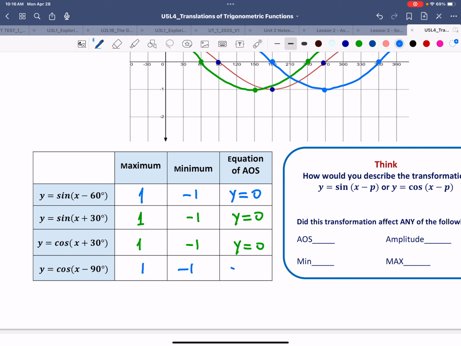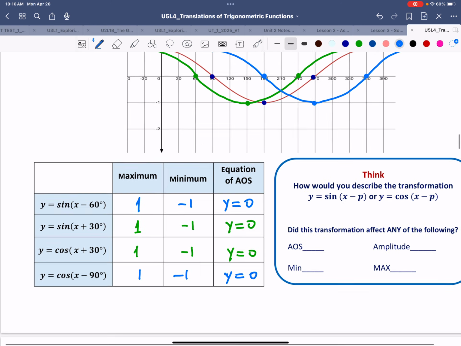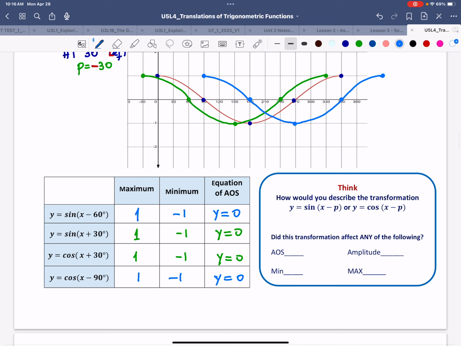Okay, now what that means is that the horizontal translations do not cause any changes in min, max, and equation of the axis of symmetry. And when you look at the amplitude, again, the amplitude is the same. The amplitude is affected by the vertical transformations. So that will be vertical translations or vertical stretches, and there is none of them applied in here.